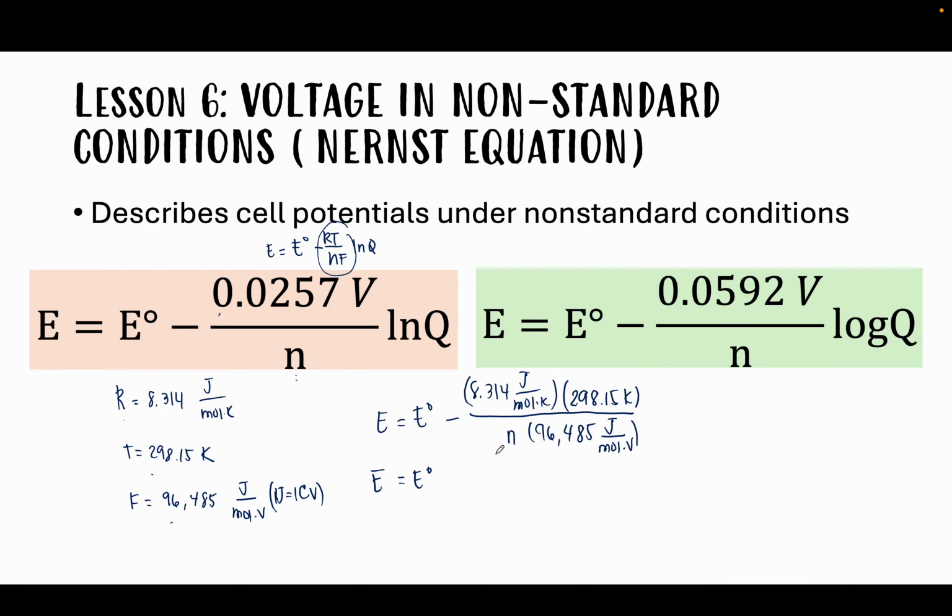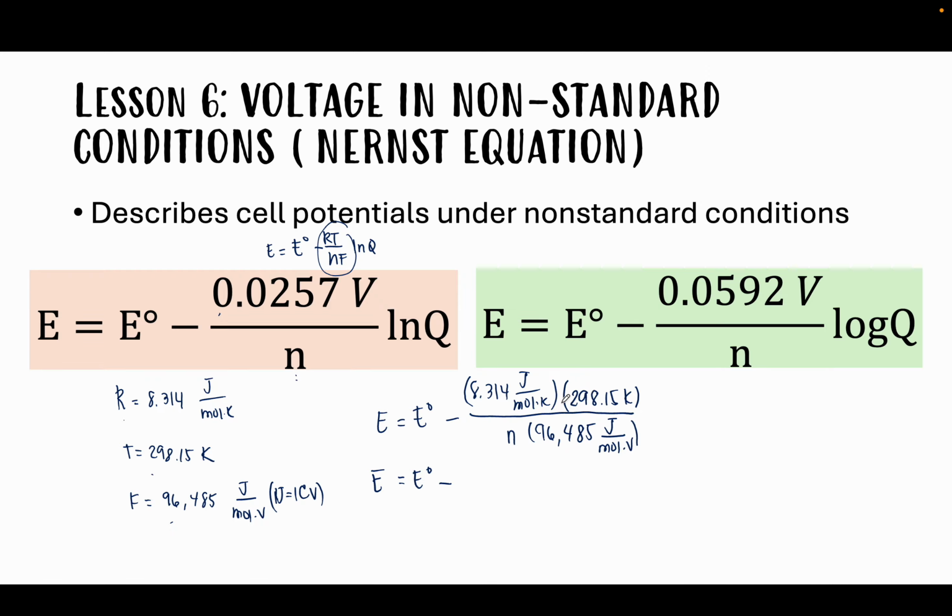Okay, so if we are to plug in the values, let's try to use our calculators. So do it on your own and see if we can get 0.0257. So we have 8.314 times 298.15 divided by 96,485.